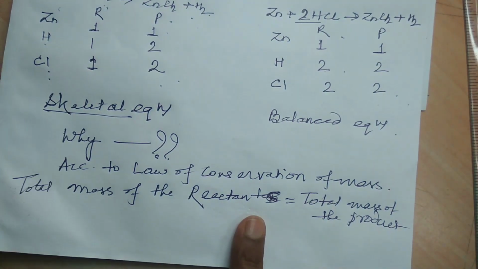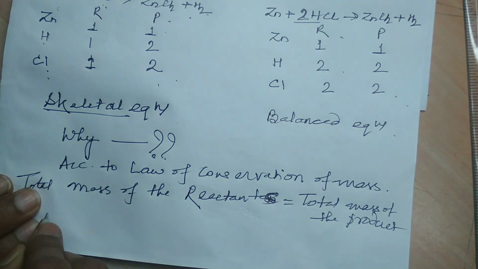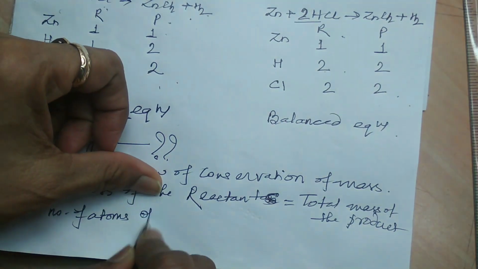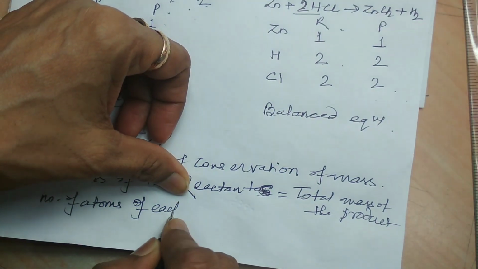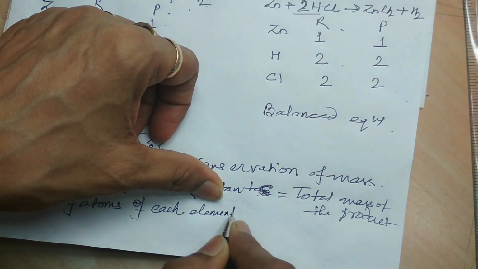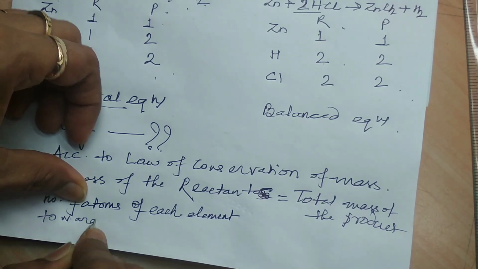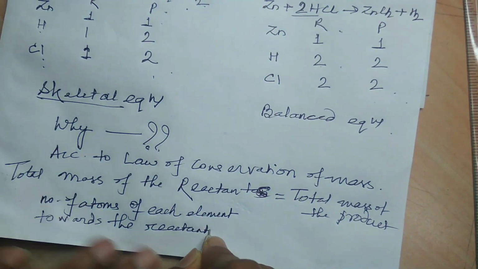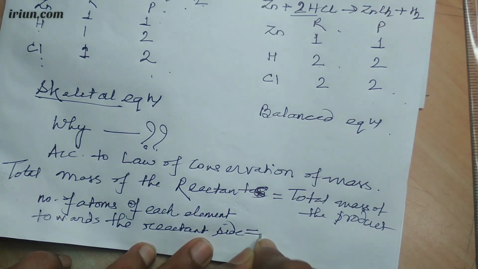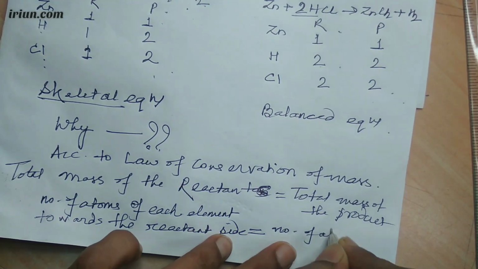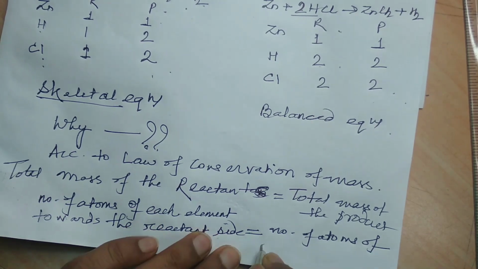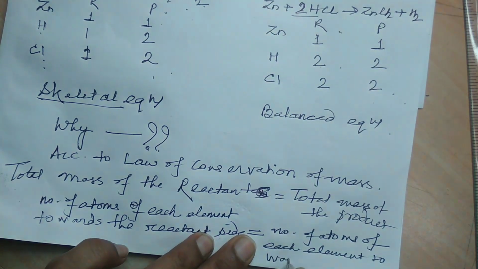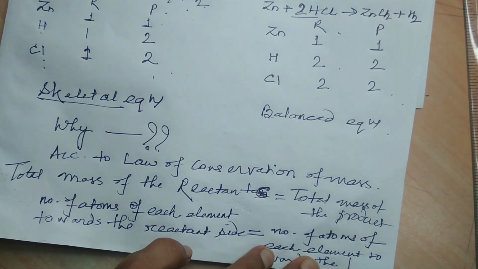So total mass of the reactant and total mass of the product will be equal only if the number of atoms of each element towards the reactant side must be equal to the number of atoms of each element towards the product side.